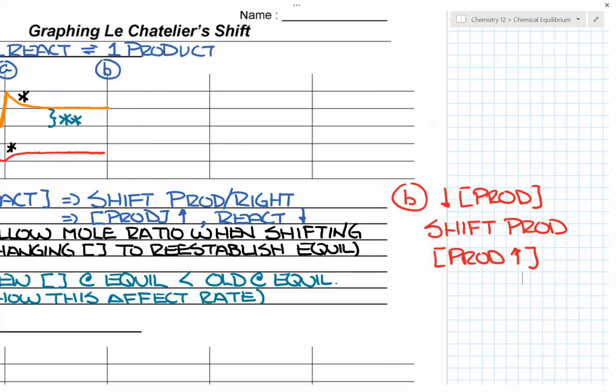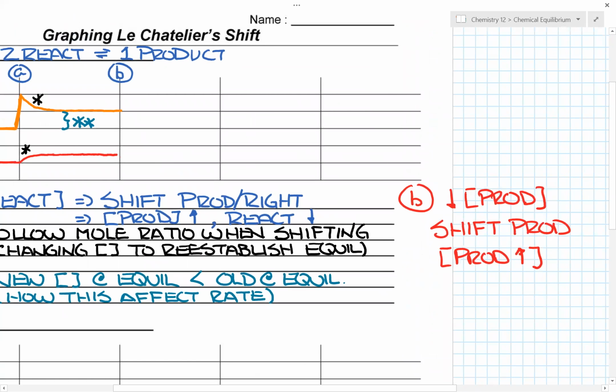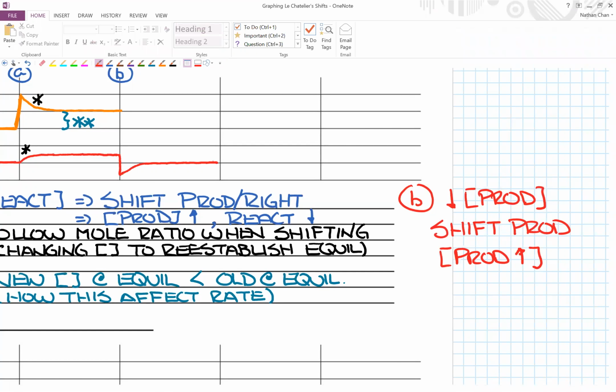Now, if we look at how that will work, if my products went down, what will happen is my products will increase, and then my reactants will decrease.